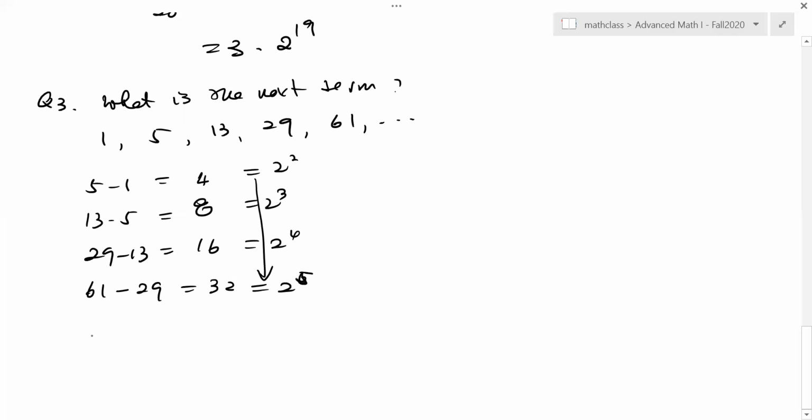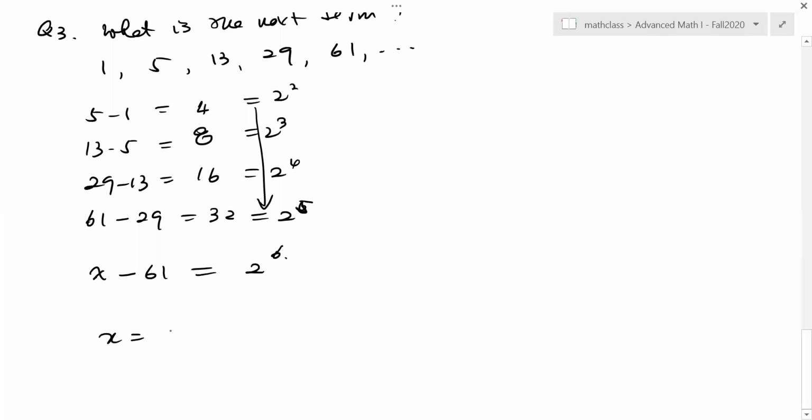So clearly the next number is going to be 2 to the 6th, right? The difference. So the answer will be x equals 2 to the 6 plus 61, and then 32 times 2, which is 64, plus 61. It's 125. That's how we get it.